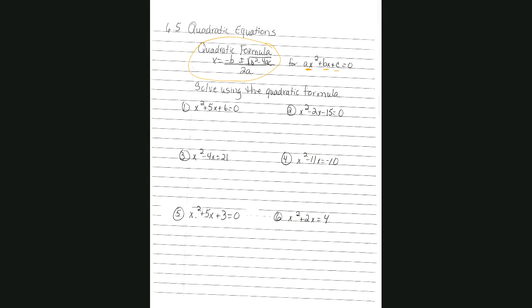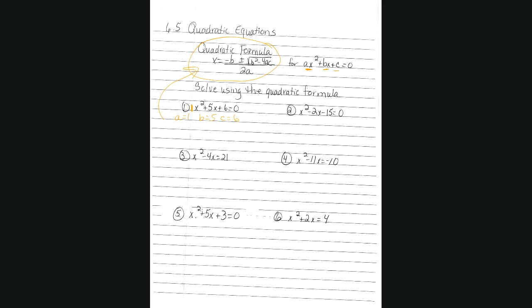All right, so now let's go to analyzing what's what. And number one, what's in front of the x squared, that's your a. So my a is 1, b is equal to 5, and c is equal to 6. So now we're going to put all of that into this equation here.